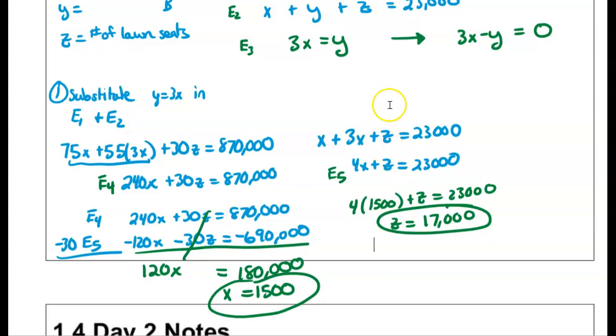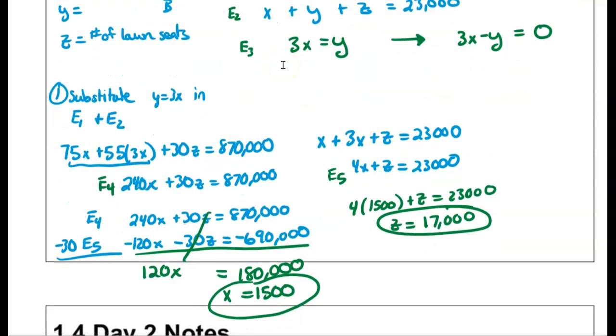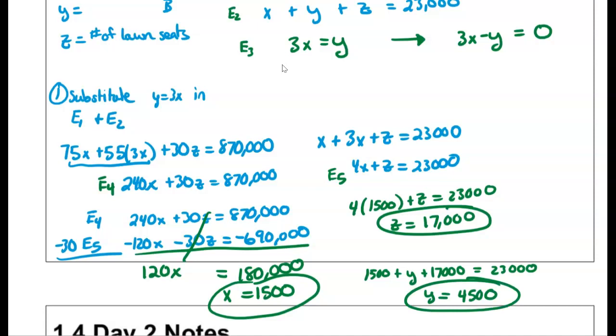Okay, now you have x and z. I like equation 2 right here because there's not a lot of coefficients. And so I'm going to say, well, now I know x. I don't know y. I know z. And the total was 23,000. And so I can solve for y and find out that y is 4,500.